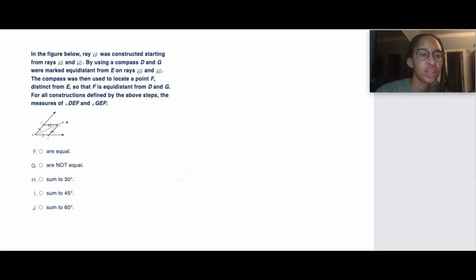So we can see here that we have split into two triangles, DEF and GEF. We can also see that two of their sides are the same length, another two of their sides are the same length, and they share one side, so that side is the same length.